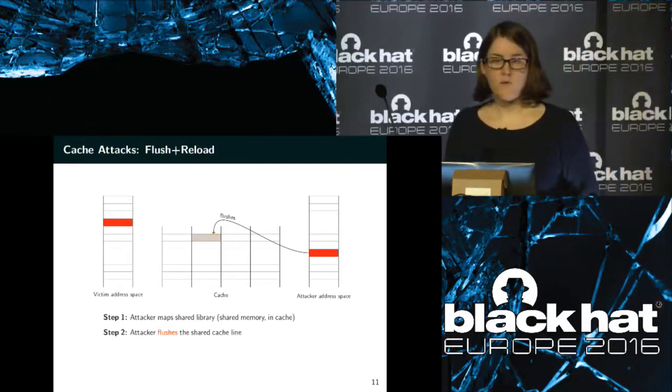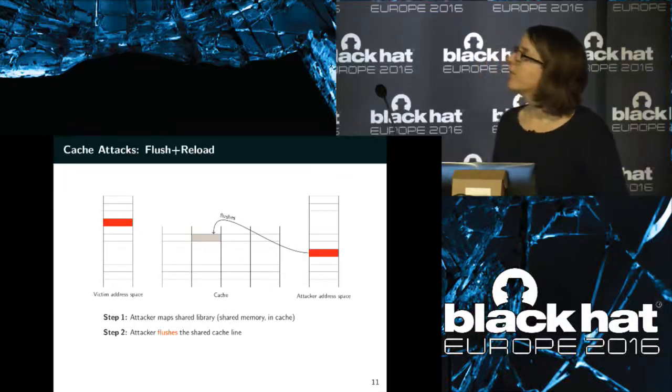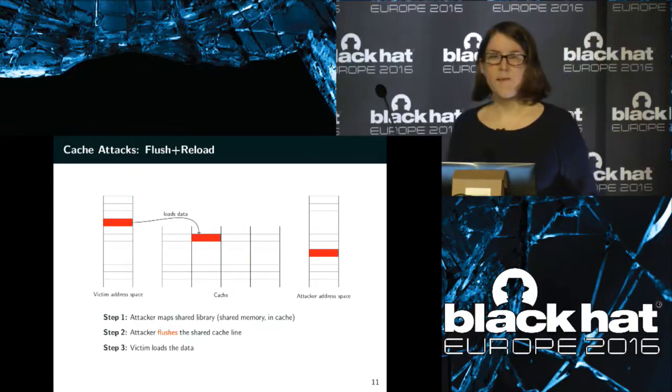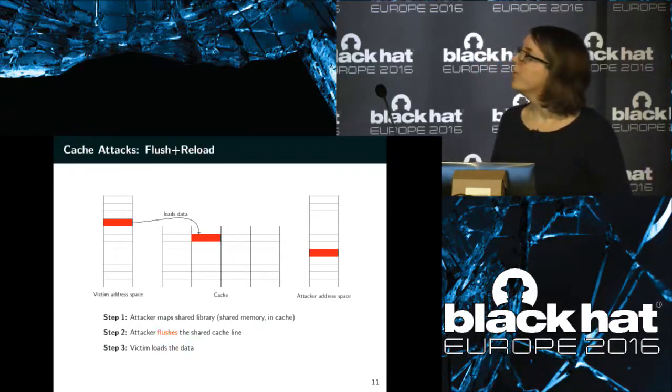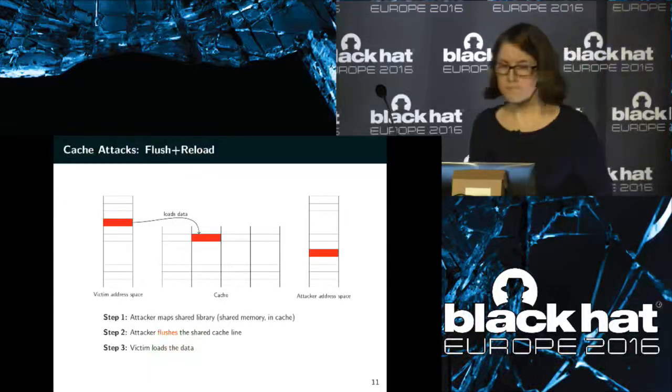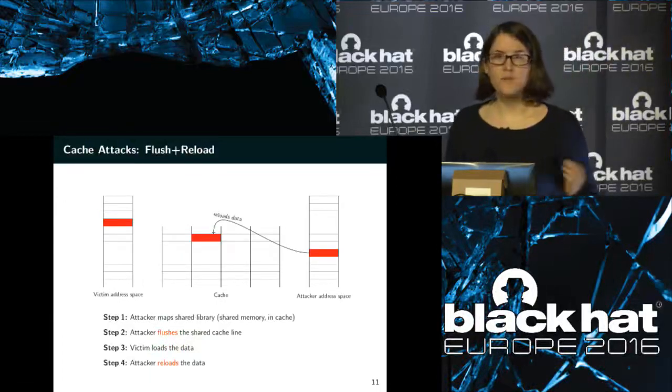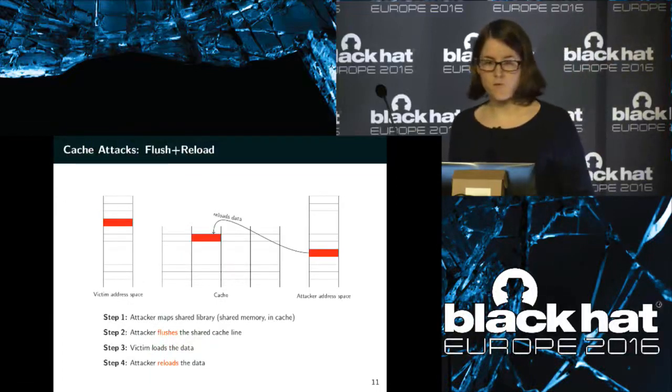So if the cache line is in the cache, it's in the cache for both the attacker and the victim. So what the attacker is now going to do is flush this shared cache line so that it's in the cache neither for the attacker nor the victim. And then he's going to let the victim perform, for example, encryption that the attacker wants to spy on. And then the CPU will automatically reload some data. Now the attacker wants to know if this particular cache line was accessed by the victim.